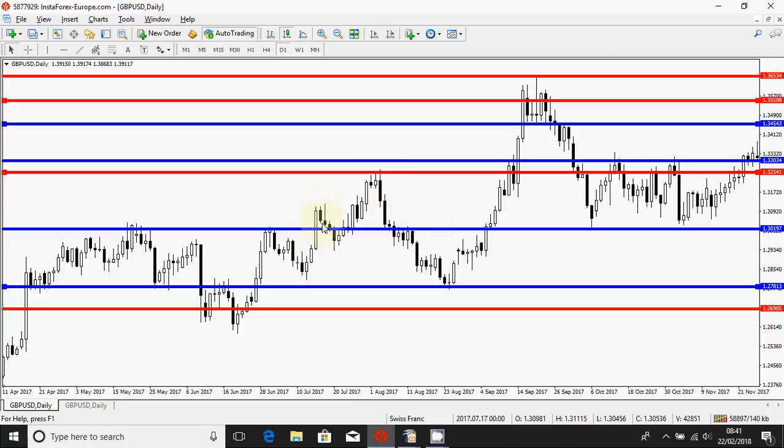It breaks the line here and it breaks it again. Here this is a resistance line. Price did not obey the resistance line here. It does hesitate a little bit, but eventually broke the line. So you should expect it and be preparing for it, not that it definitely must happen.